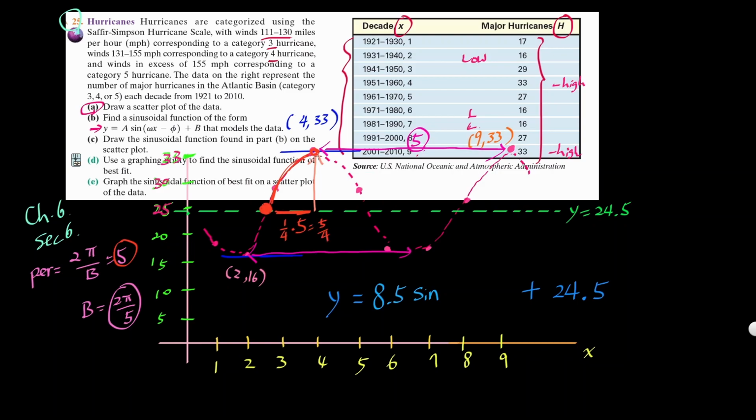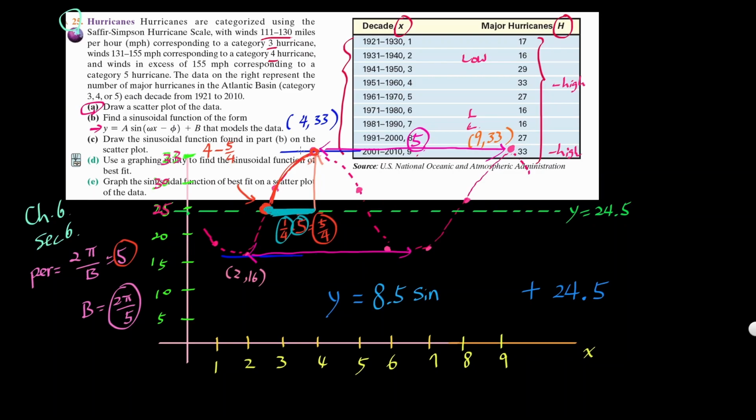The peak is at x equals 4, so to get the x value for that point, you go 4 minus that distance, 5 over 4. I'll say this one more time: the distance from where it hits the midline to the highest peak is 1/4 of the period.